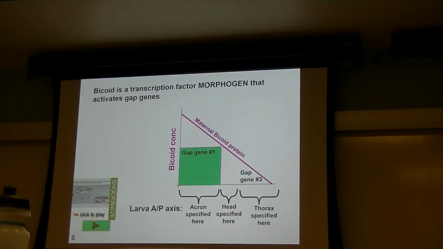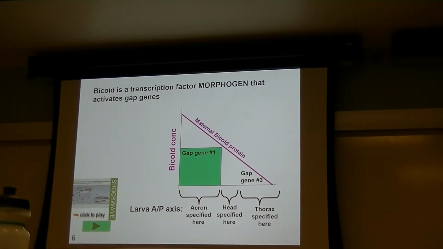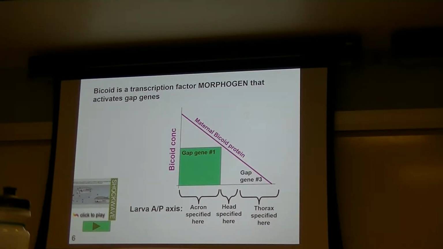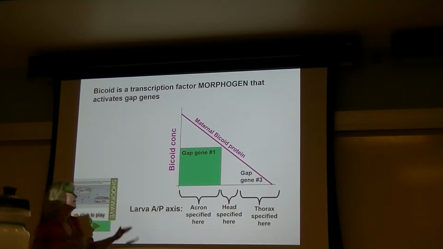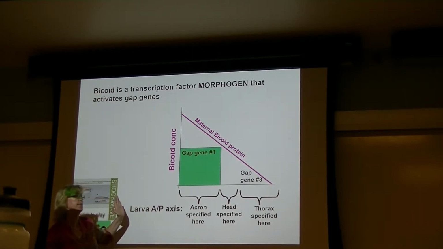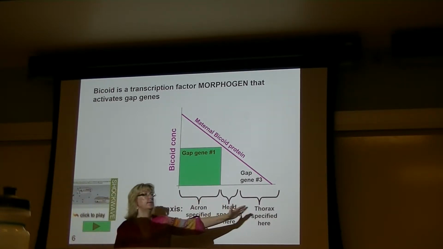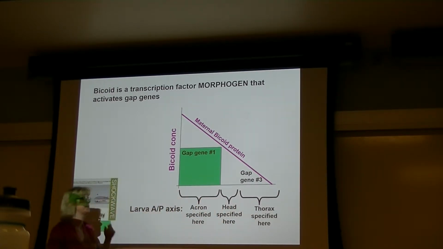Okay, so we have bicoid. It's a morphogen. It's in a gradient. So we could draw a little diagram that looks like this with bicoid concentration on one axis and the larval anterior-posterior distance along the bottom axis.